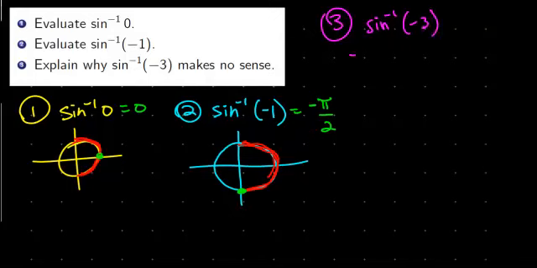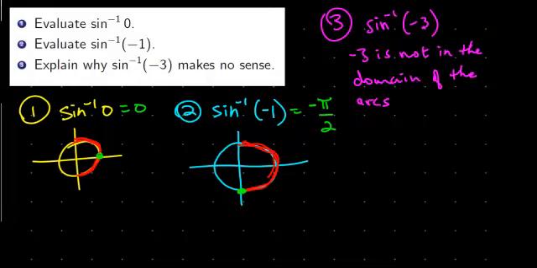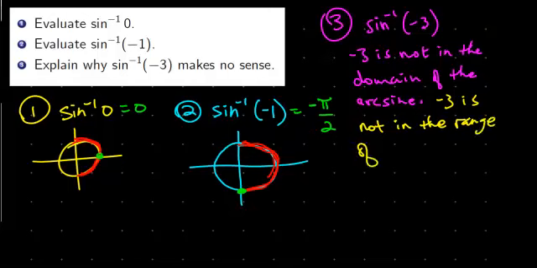That's because negative 3 is not in the domain of the arc sine, or you could say negative 3 is not in the range of the sine.